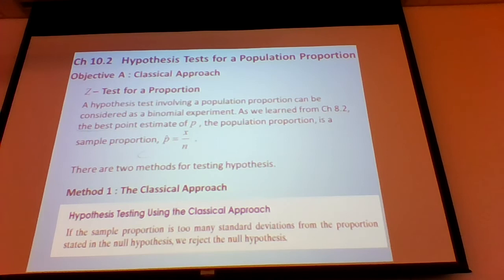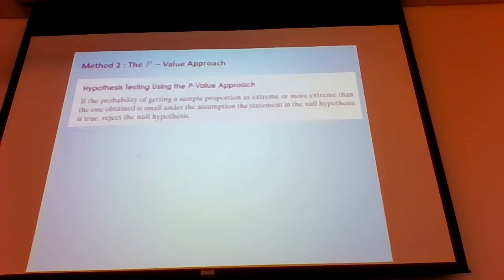So, let's go to the next slide. Now, the second approach is called the p-value approach. In a p-value approach, you compare probabilities. So the p-value approach compares probabilities.